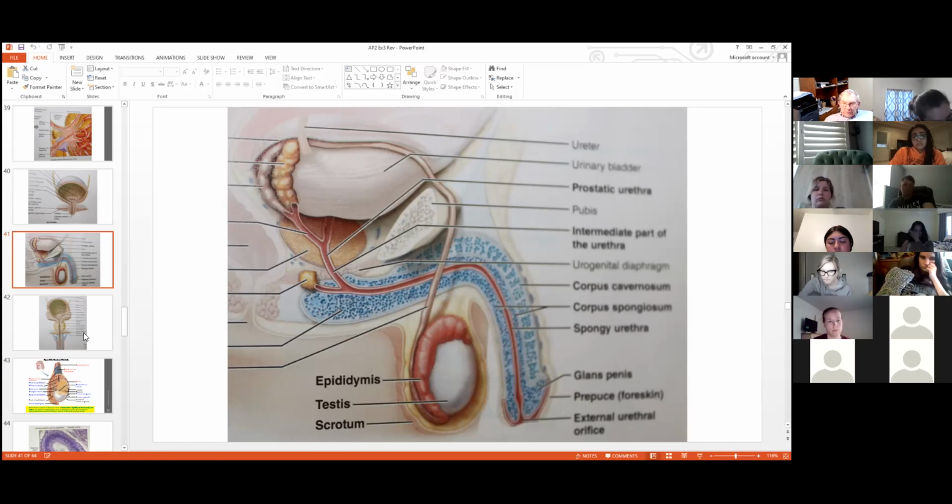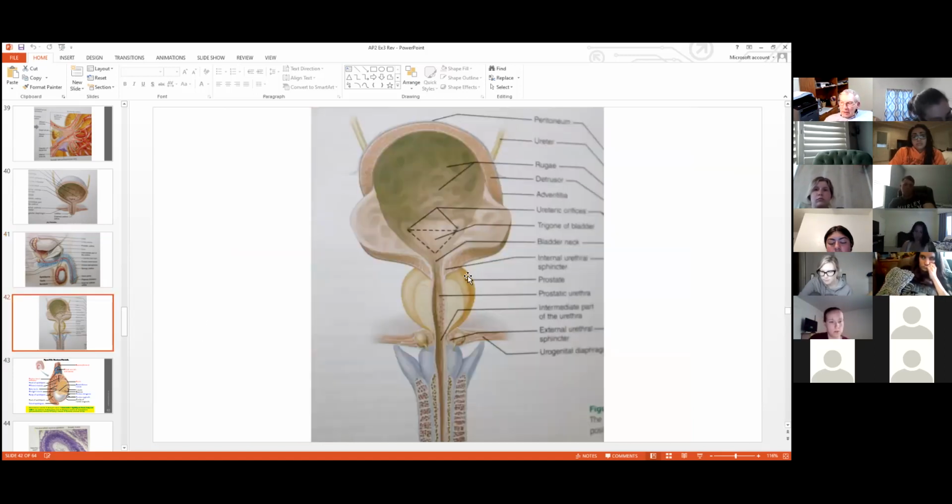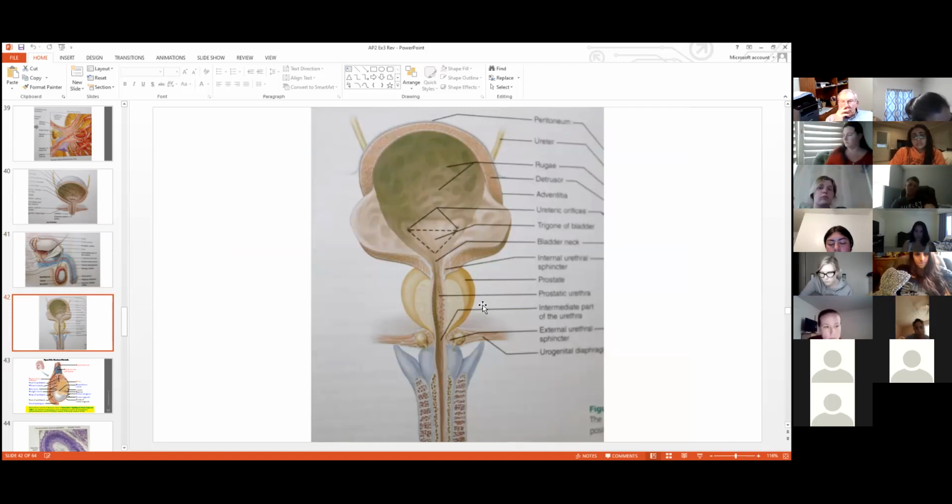Another component that gives men a lot of trouble is this prostate gland that surrounds the urethra. The prostate is a donut-shaped gland, so it's got a hole in it that surrounds the urethra. And the role of the prostate is to produce semen. So some of the seminal products are produced by the prostate gland.